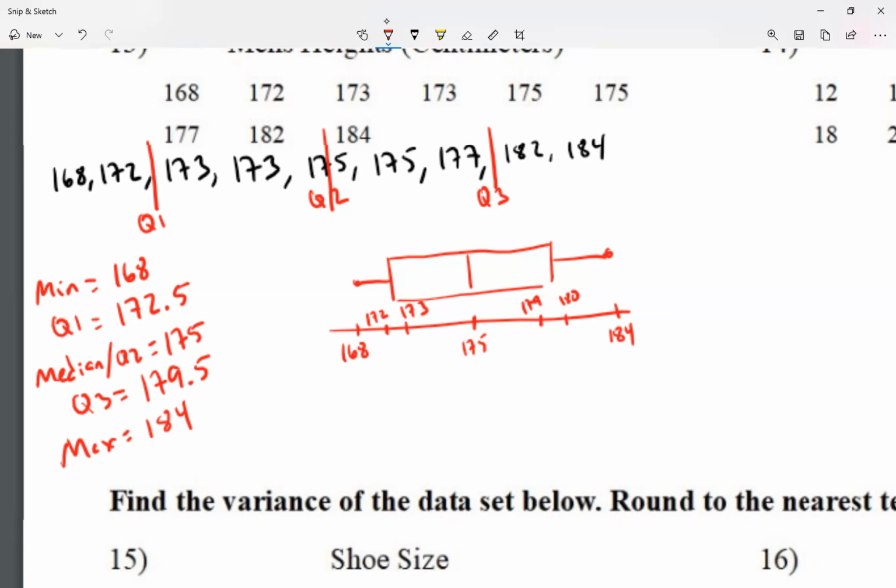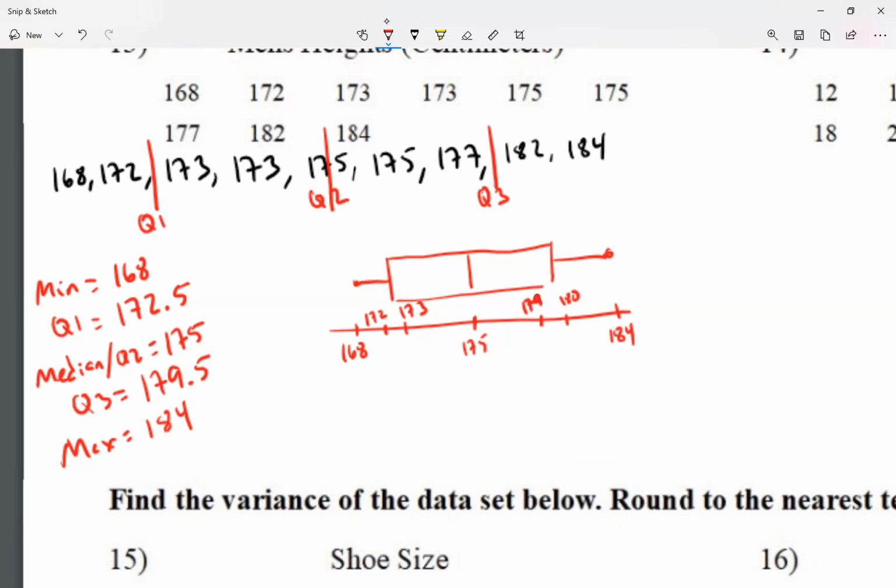You can read this. You see the minimum value is 168. Quarter one is in between 172 and 173, so it's 172.5. Quarter two or median, we can see it's 175. Quarter three or third quartile, we can see is in between 179 and 180.